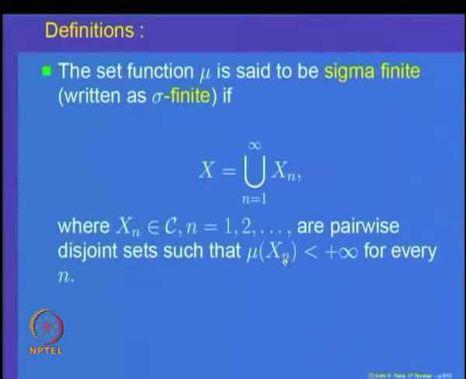So, each X n should be an element in the domain of mu, in the class C, and mu of X n should be finite. For totally finite we said mu of the whole space is finite, and sigma finite means that X can be cut up into pieces X 1, X 2, X n and so on, and mu of each X n is finite. So, this is what is called sigma finite set functions.